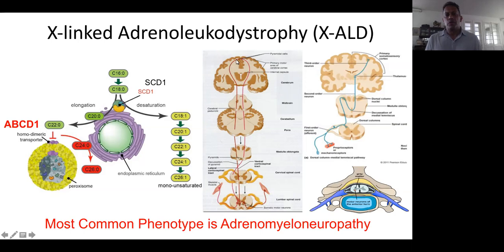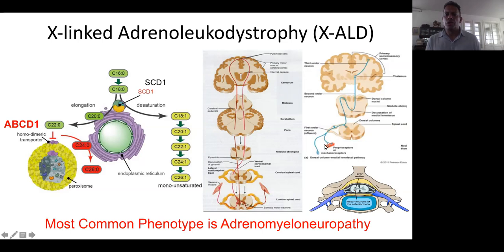The part of the nervous system that is most affected in ALD is the so-called corticospinal tract, these very long tracts that run down from the brain through the spinal cord and send signals to our muscles to activate and to contract, which is why we have problems of weakness, problems of tightness in the muscles. But there's also another important tract that is affected, which runs in the opposite direction in the spinal cord.